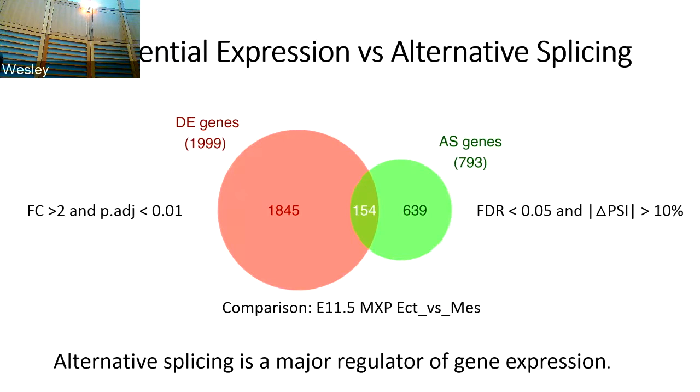From this figure, clearly there are a lot of genes differentially expressed in facial development between the two tissue layers. And also there are a lot of genes alternatively spliced. But when we compare these two lists, only a really small portion of genes overlap. So these genes are only regulated by alternative splicing, which means alternative splicing is a major regulator of gene expression in the face.